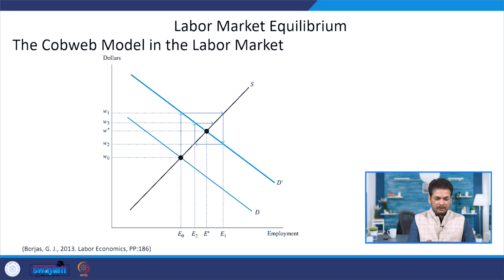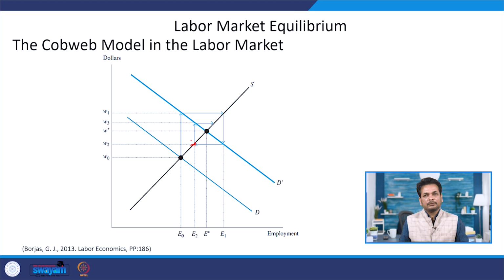Now, considering this W2 wage rate, some of these students may not enter into the labor market, and they find that this W2 wage rate is quite low. So, in the next phase, which may lead to employing E2 amount of workers, and which may lead to an undersupply of engineers, considering this W2 wage rate when they compare with W1, they find that it is quite low.